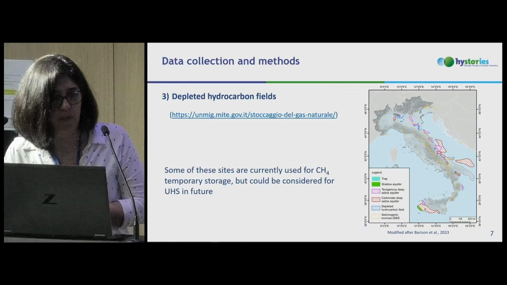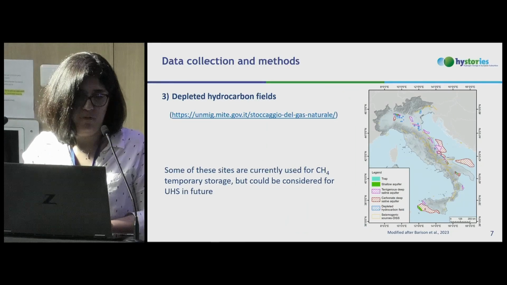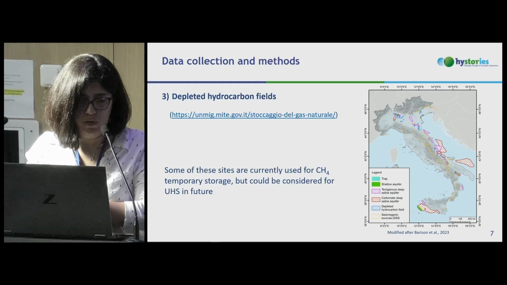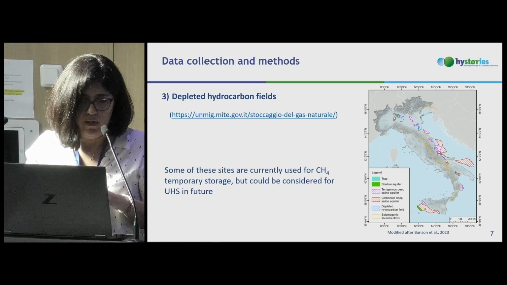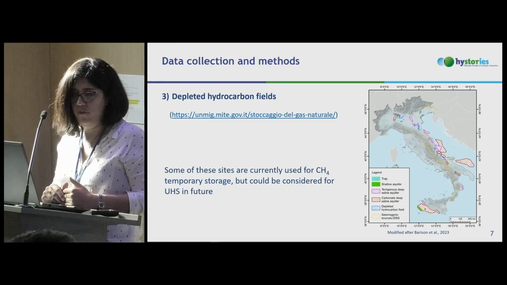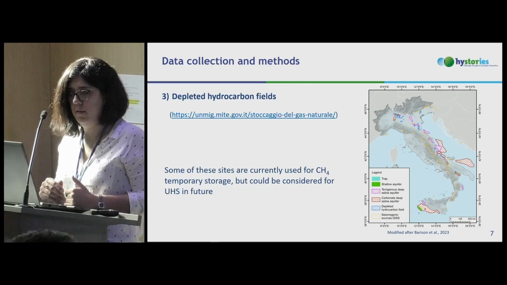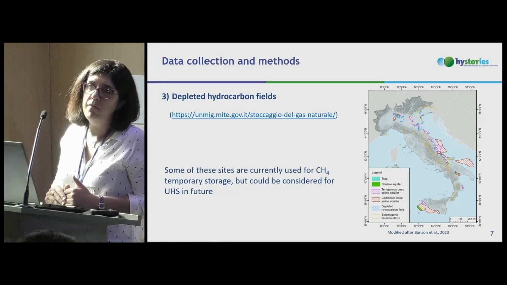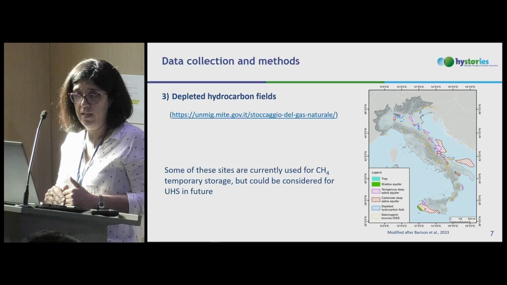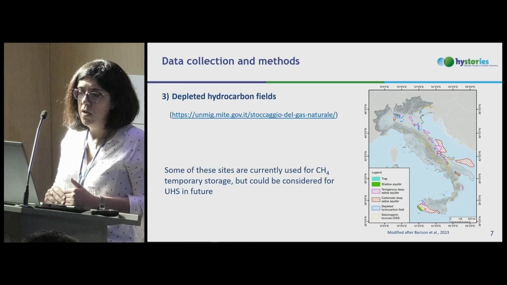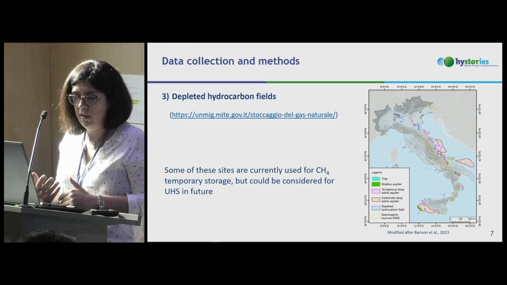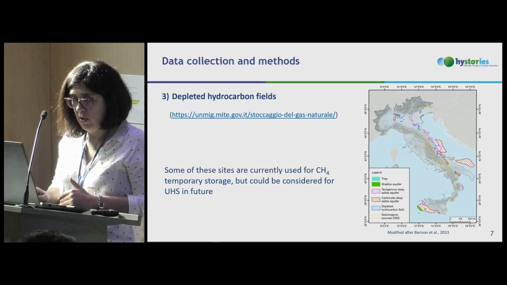Then we also consider the depleted hydrocarbon fields to implement the information. Some of them are already collected from CO2 Stop and the EastMat project, but these depleted hydrocarbon fields in particular are the ones that are now used as natural gas storage sites, especially for methane, but could be considered for a future change of destination for hydrogen storage.